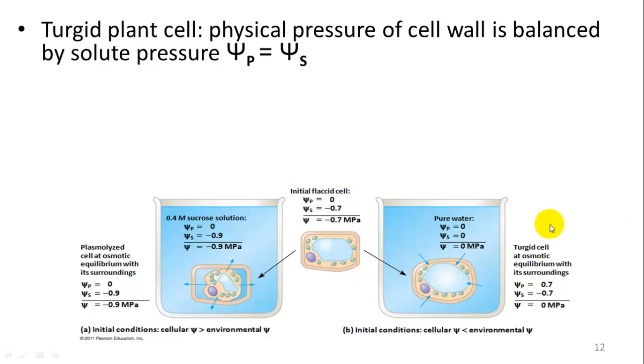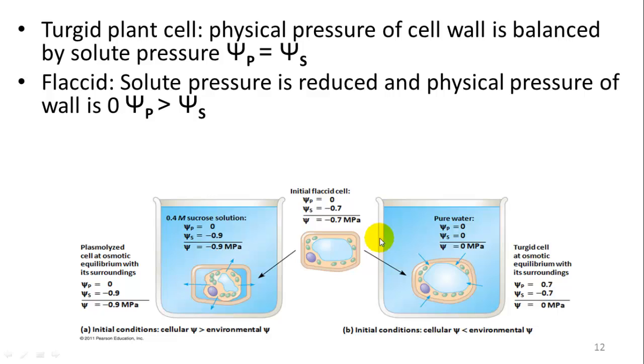Now these pressures are at work in cell walls. A turgid plant cell, which is one that is normally functioning, the physical and solute pressure are equal. So the force exerted by the cell wall equals the force exerted by the water within the cell.